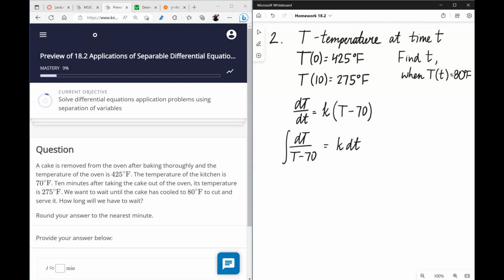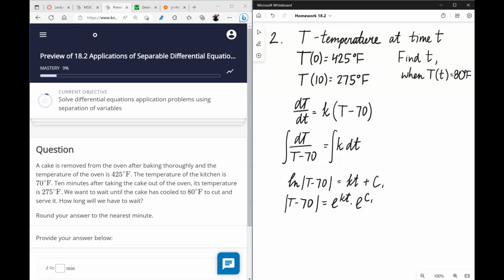And to solve it, we follow this method. And here we have ln of T minus 70 is equal to kt plus c. Let's exponentiate everything. So we have T minus 70 equals e to the power kt times e to the c. Let's call this c1.